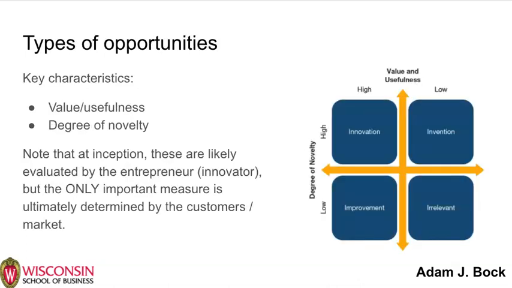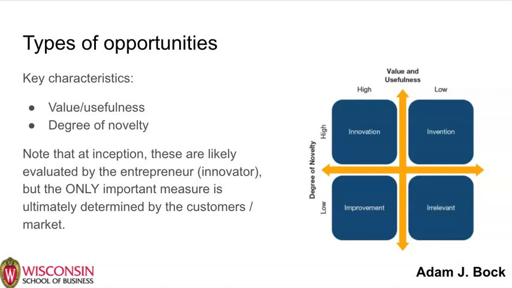So the book talks about four types of opportunities based on two characteristics: how valuable or useful the opportunity or innovation is, and the degree of novelty associated with this. This is a relatively simplistic categorization, but it's kind of a nice starting point. And so then, based on that, we can take a look at these four different types of opportunities, which range from irrelevant, when there's low novelty and low usefulness, to an improvement, which is basically an incremental change.